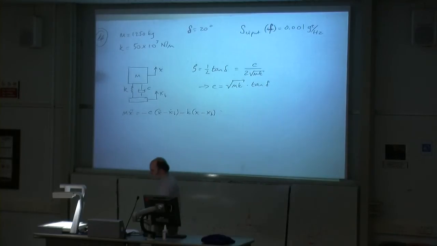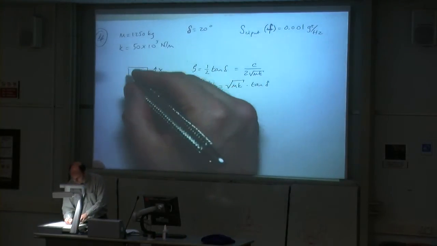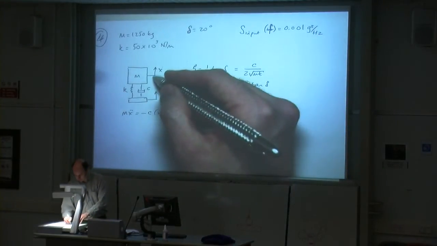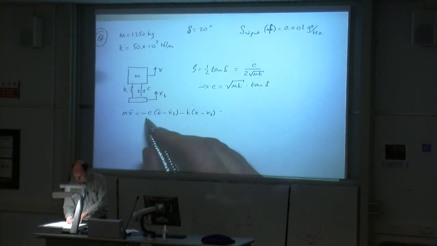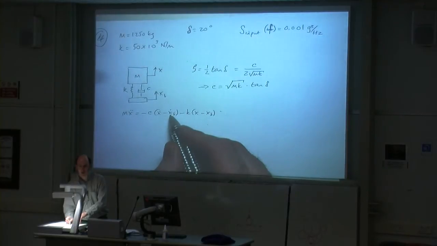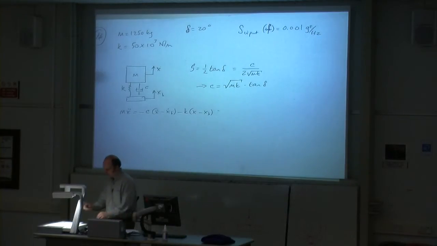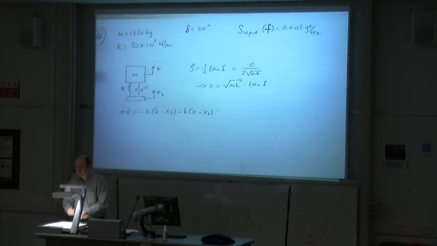So this is from taking the free body diagram of the mass up here. m x double dot is minus c times (x dot minus xb dot), so you have to take the relative velocity between the two. And then you've also got the spring stiffness, which is k times the relative displacement between the two. So there's your equation of motion.